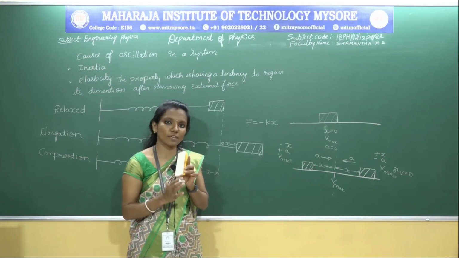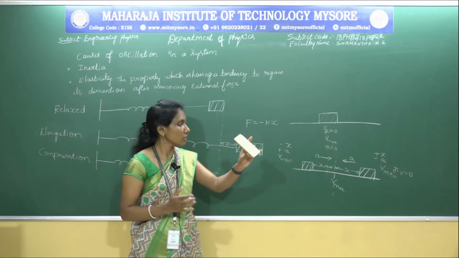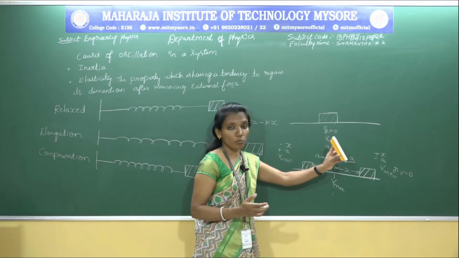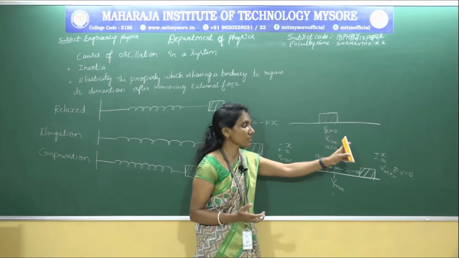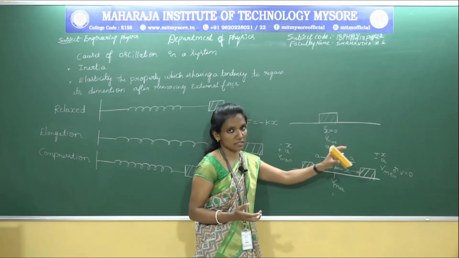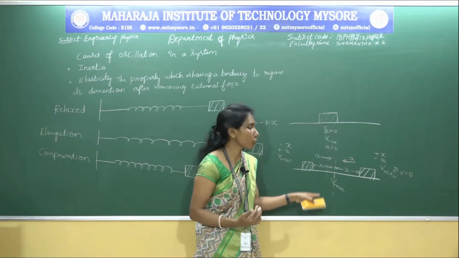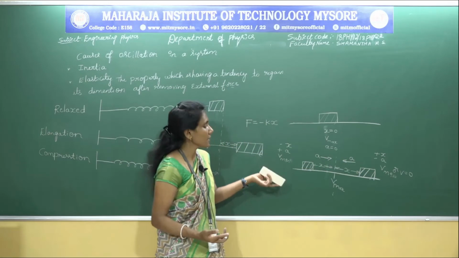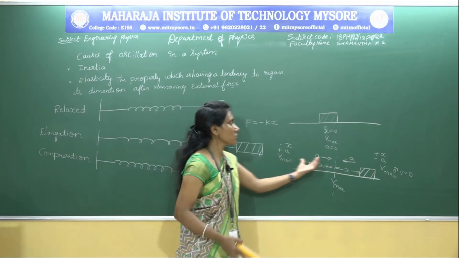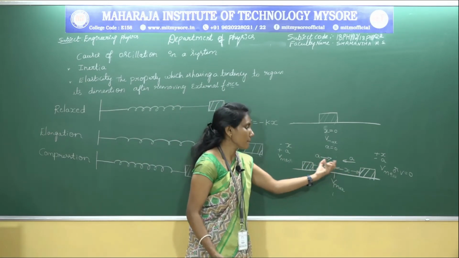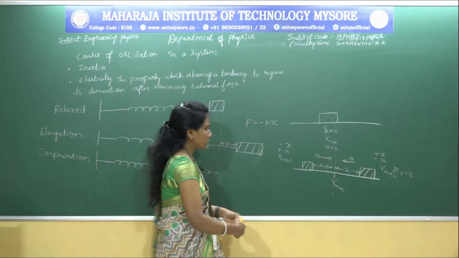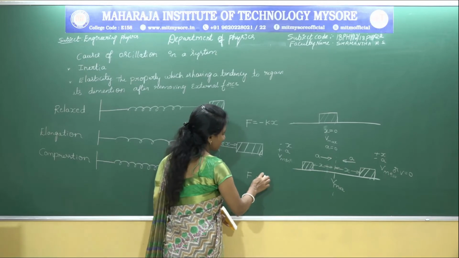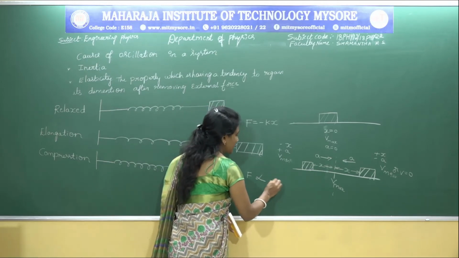After moving some interval of time to the extreme point, the velocity will be minimum, and when the turning takes place it makes to and fro oscillations, in the positive or negative direction, but the acceleration is always directed towards the mean position. So that force is directly proportional to the negative of the displacement.